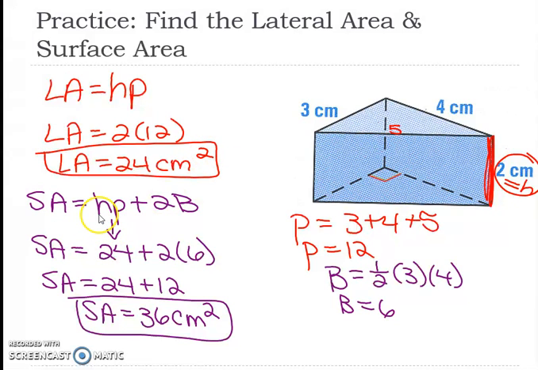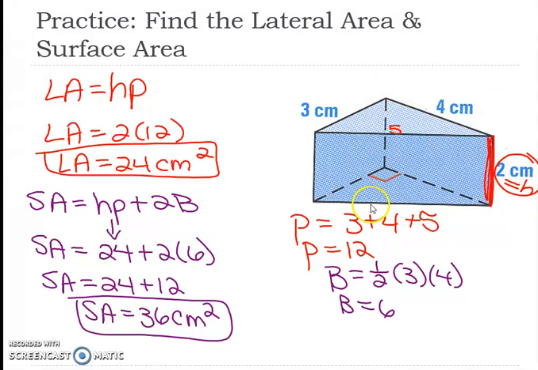For surface area, you're going to write it down: HP plus 2B. Always write down the formula first, then label and plug it in one by one. H is 2. P is 12, so HP is 24, which is what we have here. B means base area, and you have 2 bases here.